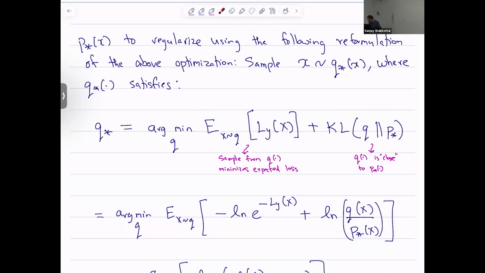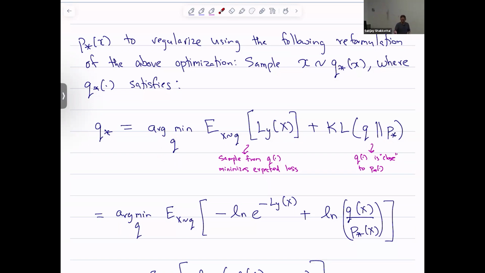And furthermore, yes, it's a reverse KL. It's important. I want a Q such that when sampled from Q, it's close to P star. It's critical that it's a reverse KL, and we'll see why. But now, this is my loss function. Under this Q, suppose I could sample, this Q is a distribution, I'm going to sample an X, and I feed it to that loss function. Then I should get small loss.